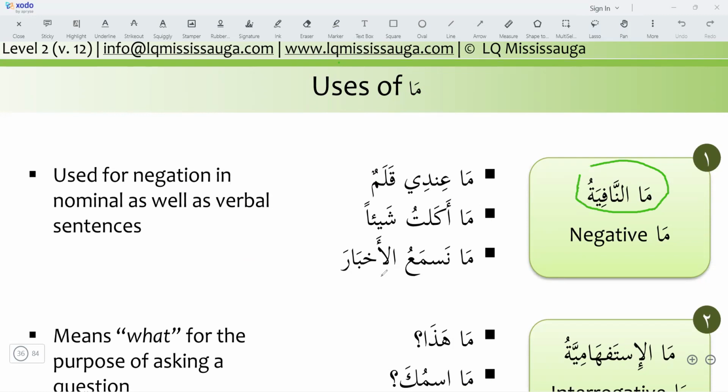Ma nasma'ul akhbara. So this is ma an-nafia, used for negation in nominal as well as verbal sentences. We can use it in the nominal sentence and in the verbal sentence also, and it gives the meaning of negative.